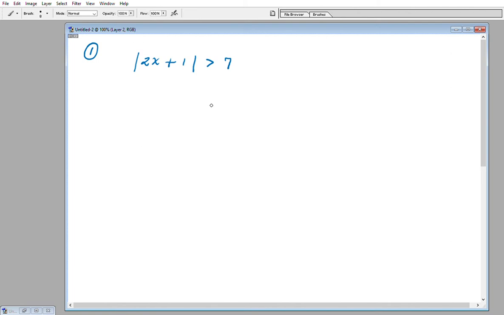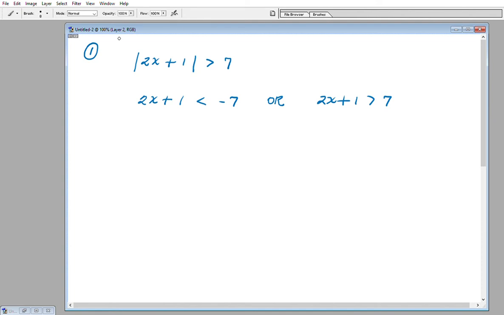So this means that 2x plus 1 might be less than minus 7 on the left, or 2x plus 1 is greater than 7, that's on the right. Left of the number line, right of the number line.